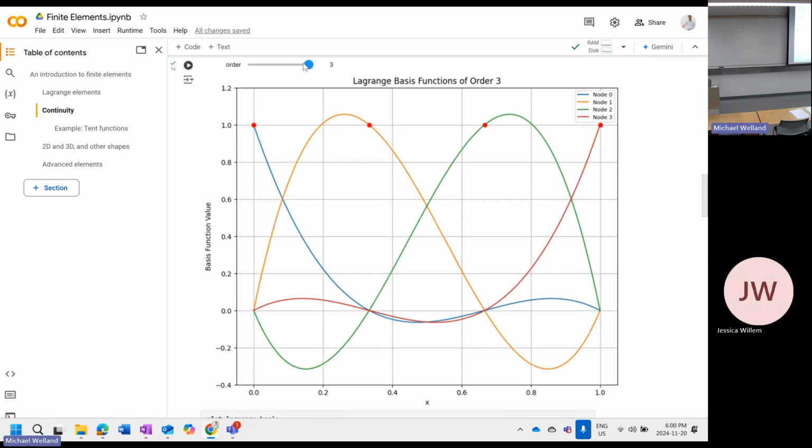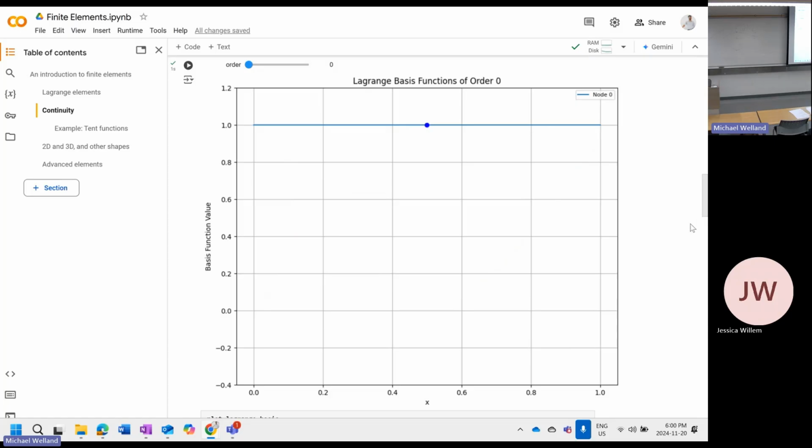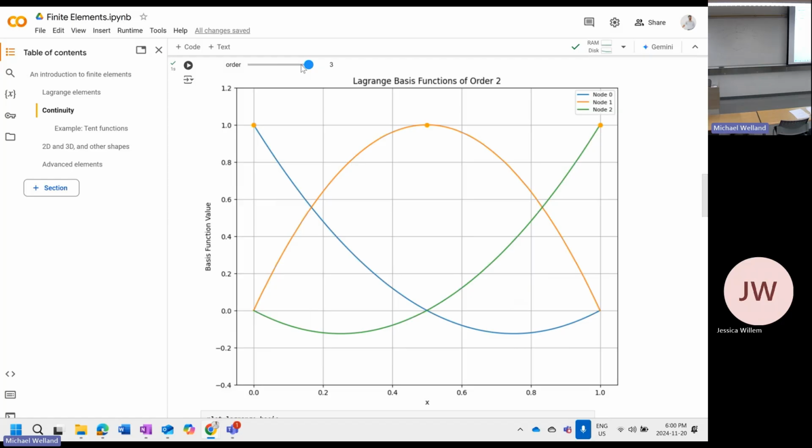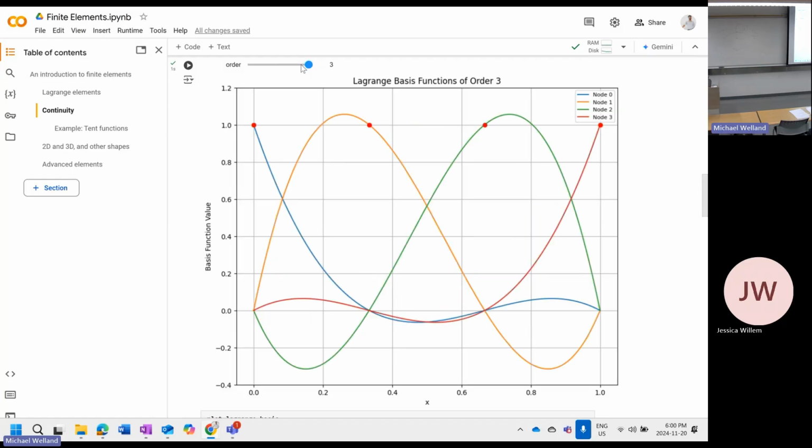That being said, there's something a bit funny about zero. Anybody see something silly about zero? It doesn't go down to zero, but where is the node? Where in X? All the other ones have nodes at the limits.